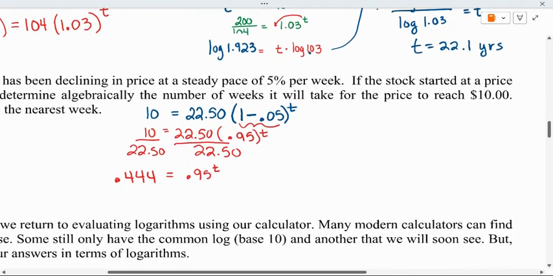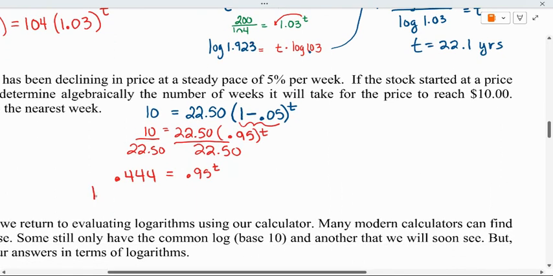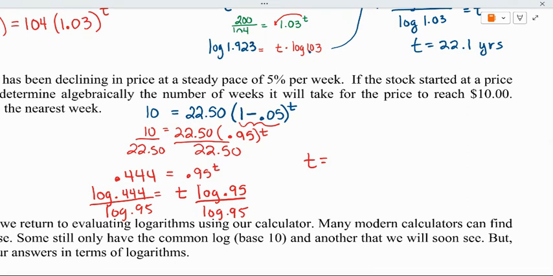So now we're going to use the log. So log of 0.444 equals t times the log of 0.95. We're going to divide both sides by the log of 0.95. We find out that t equals log 0.444 divided by log 0.95.